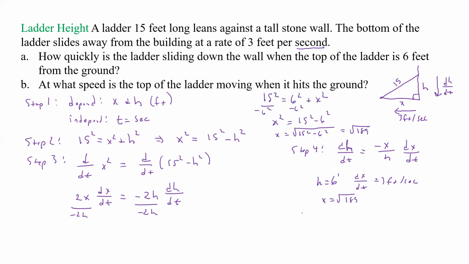So now we know everything. So we can find dh/dt. Well, that's going to be a minus the square root of 189 over h, which we said was 6, times our change here, which is 3 feet per second.